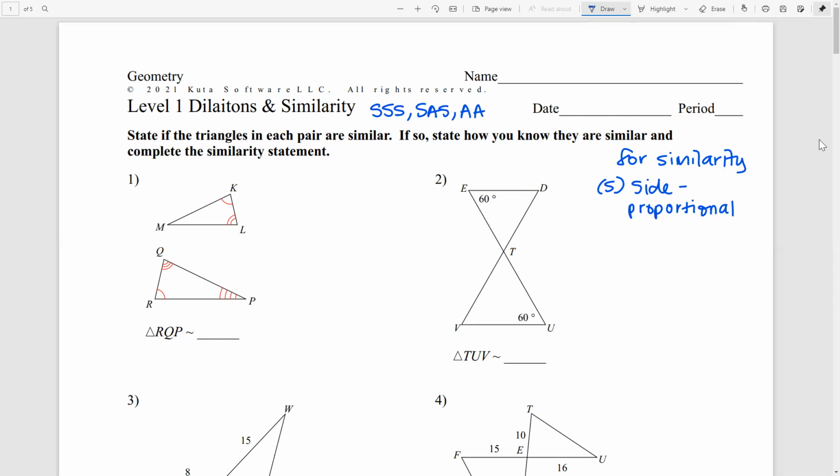And what I mean by that is if I can take one of the lengths of our dilation and put it in a fraction over the corresponding original length, and set it equal to another length from my dilation over another length from my original that corresponds.